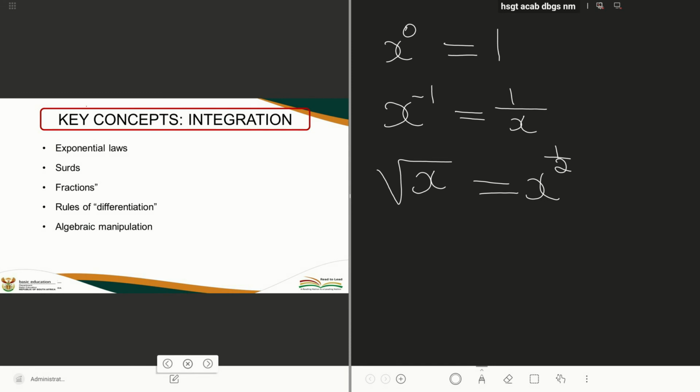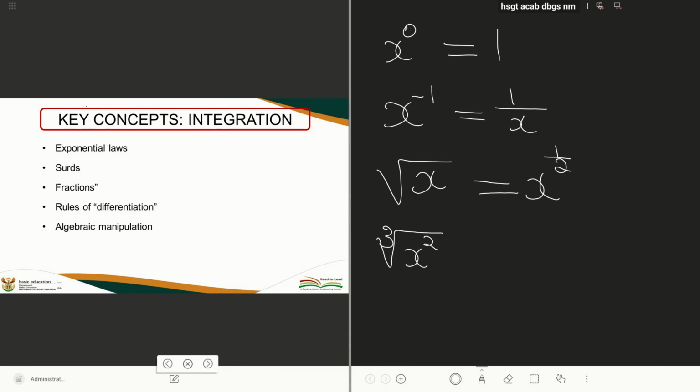This one is one of the simplest surds. But many times it becomes more complicated if you are given a surd like the cube root of x squared, where you have to change it from surd form into exponential form.